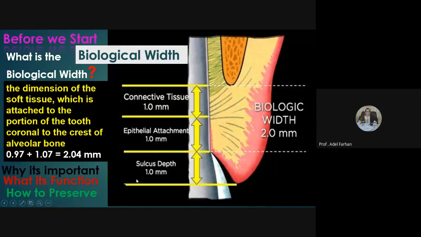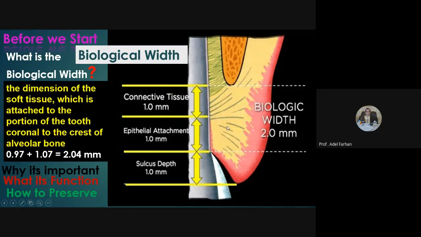As we see in the picture, the connective tissue attachment is about 1 millimeter, and the epithelial attachment is about 1 millimeter, while the gingival sulcus depth is 1 millimeter. So the proportion between them is approximately equal. When we increase this, the depth also increases.